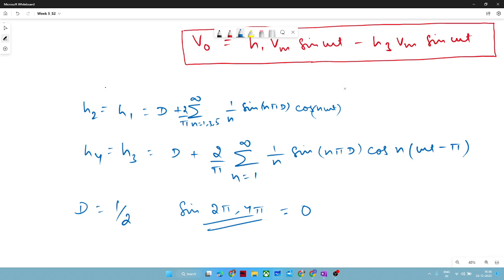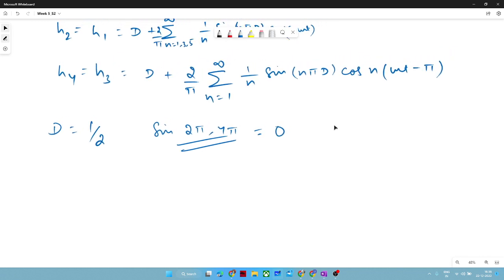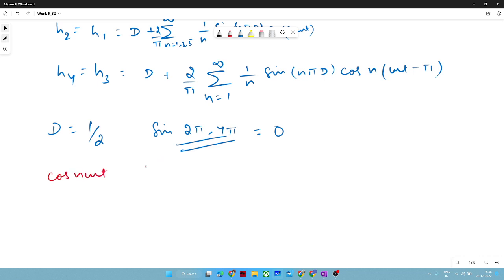Now we have arrived at the switching functions of h1 and h3. Now we need to compute the value of output voltage. And I can write cos n omega t minus pi, just to simplify, minus 1 raised to power n into cos n omega t.